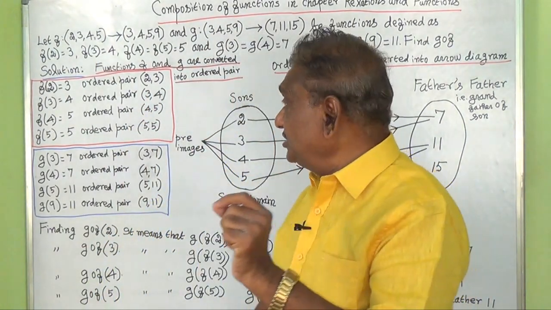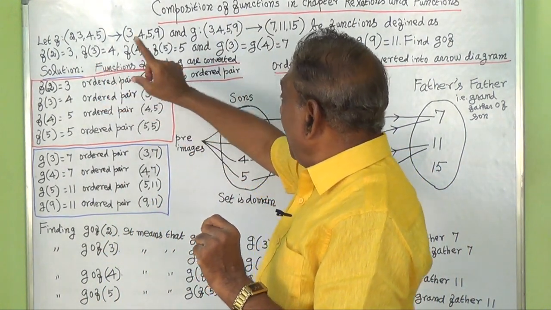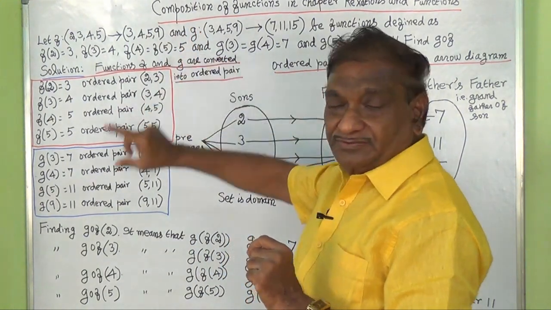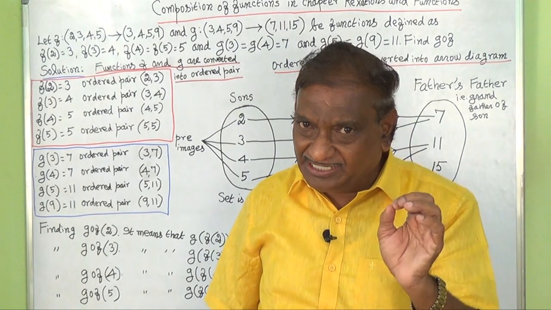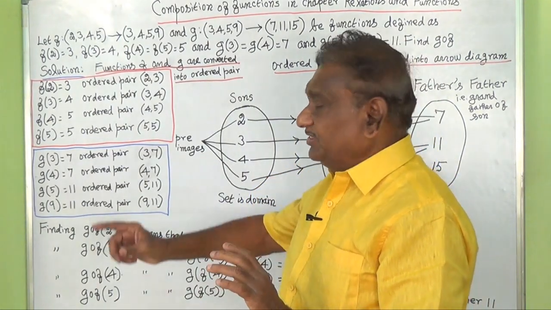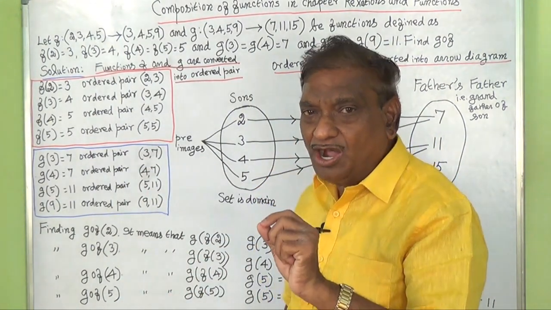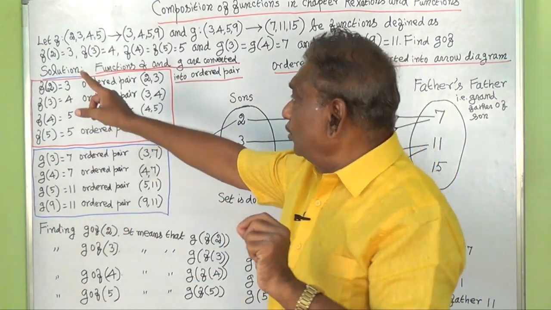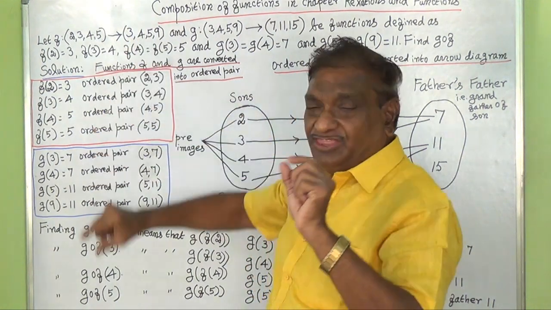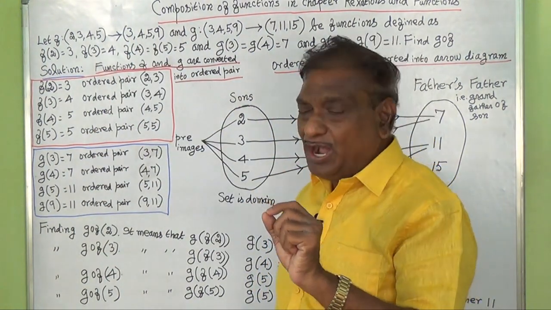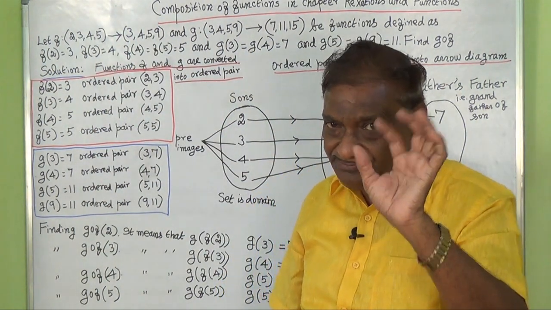One function is f and another function is g. In the function f, two sets are related. That is, the set {2, 3, 4, 5} is related to the set {3, 4, 5, 9}.